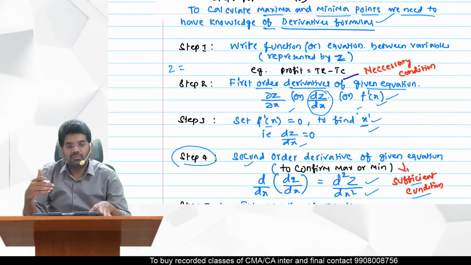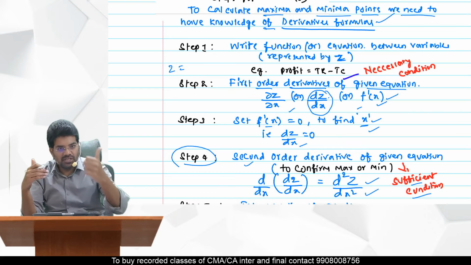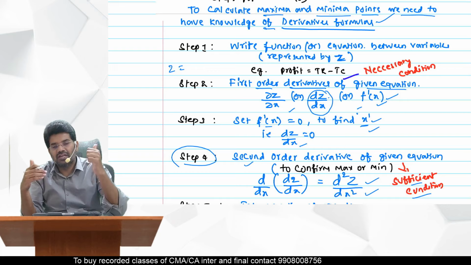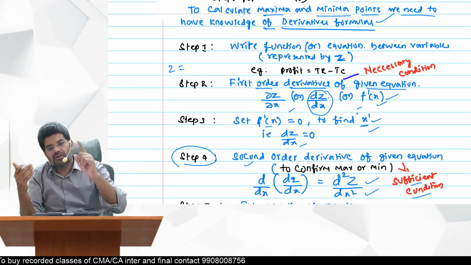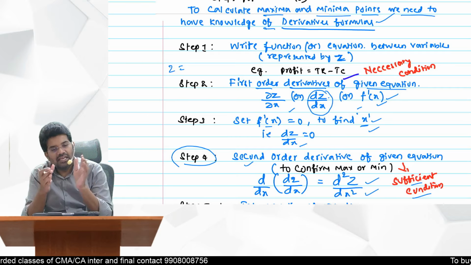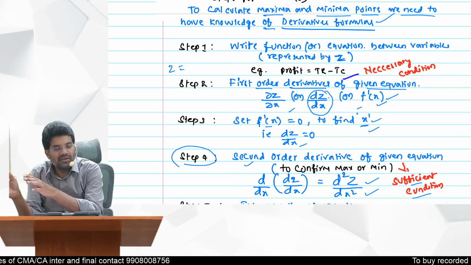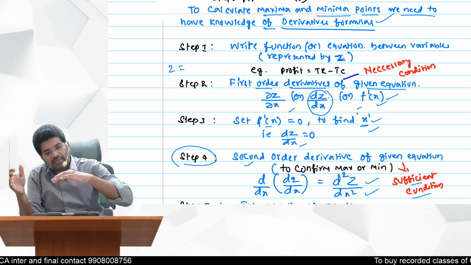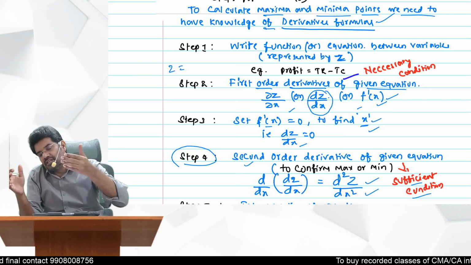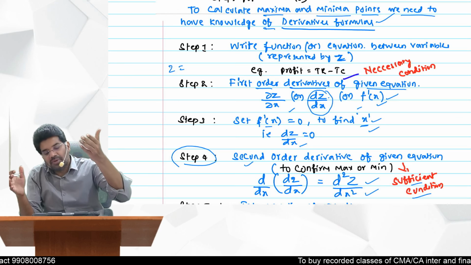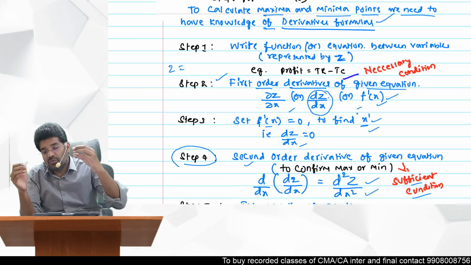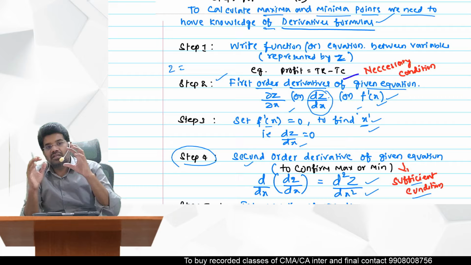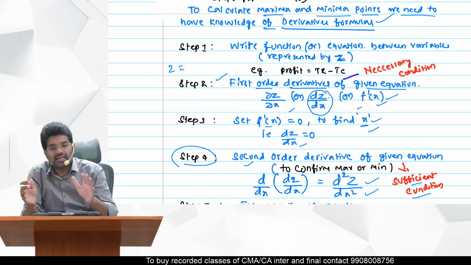Alright, so remember the steps. Step number 1: first express it in the form of an equation. Then apply the first order derivative and equate it with 0 to get the x value. Then apply the second differentiation on the step number 2 equation, and in that substitute the x value.